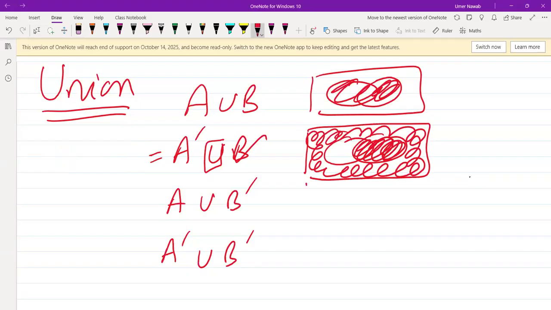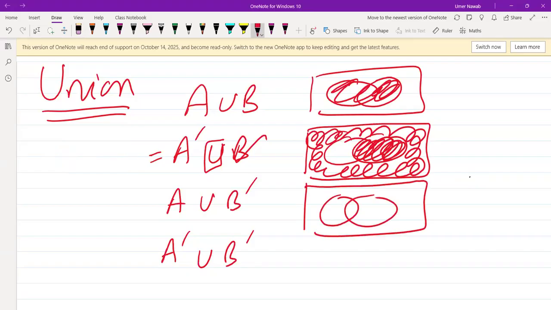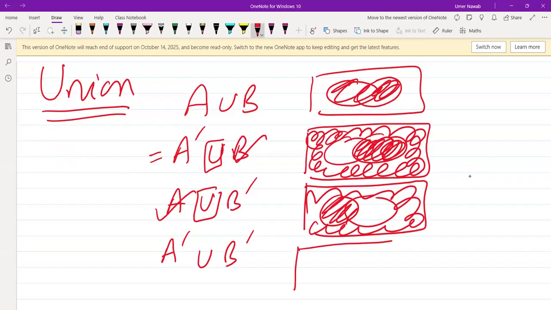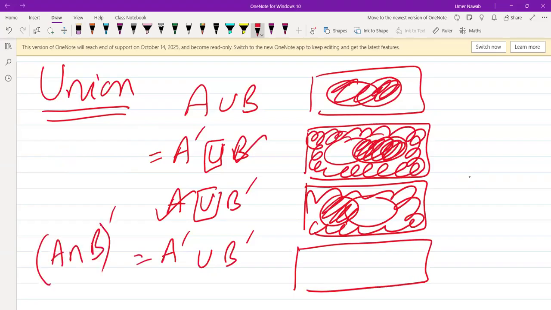And if I'm going to talk about A union B complement, this is A. I have to shade complete A and then outside of B. Now, A complement union B complement, very famous. I can write it as A intersection B complement, which is, I have to shade everything except the overlapping part.